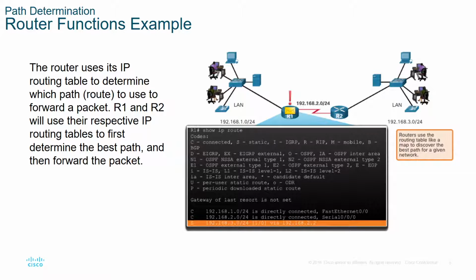Show IP route is the command to show the routing table, and a particular route has been highlighted. It's a static route, it has an S at the end of it, and it's for the 192.168.3 network. To reach that network, we're going via 192.168.2.2. Routers use the routing table like a map to discover the best path for a given network.